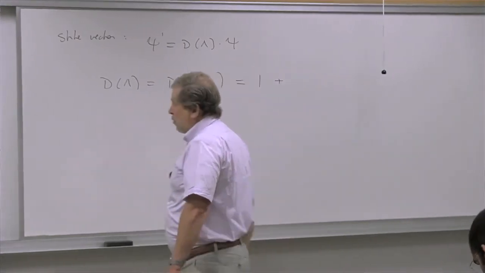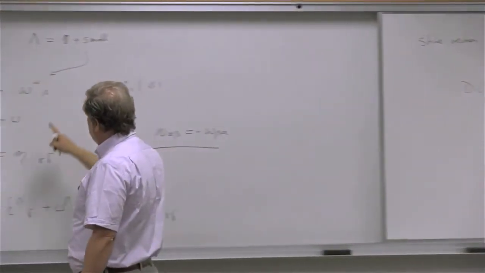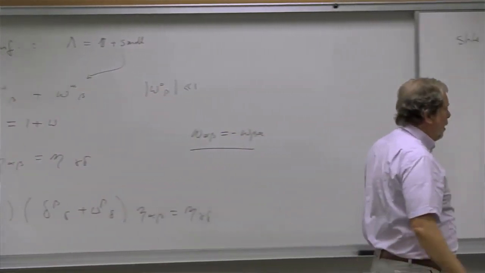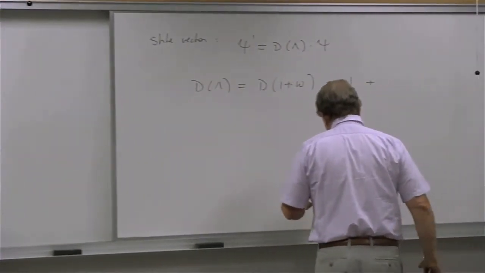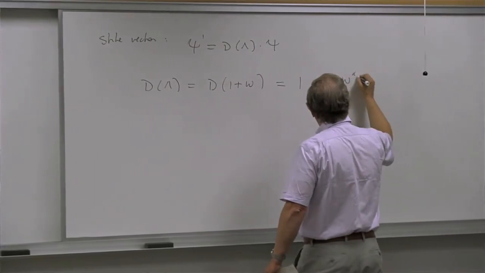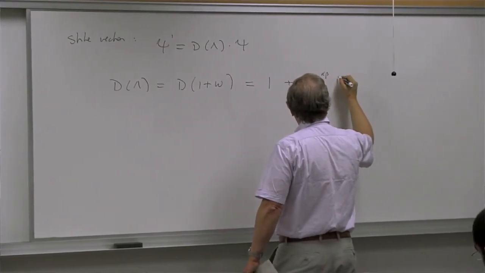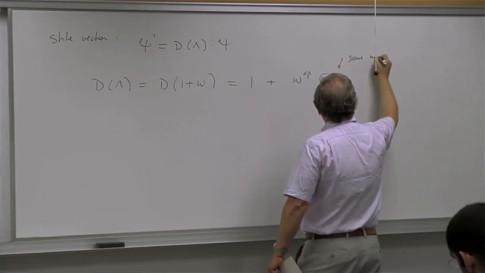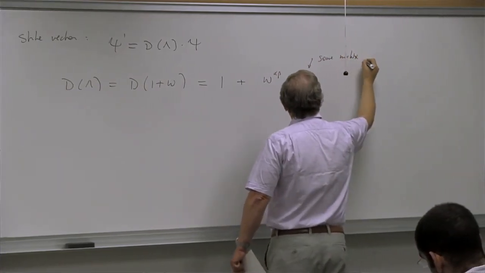And so that other piece will depend on this angle; this is what determines how much rotation you have. So plus omega alpha beta times some matrix, sigma alpha beta. Some matrix.